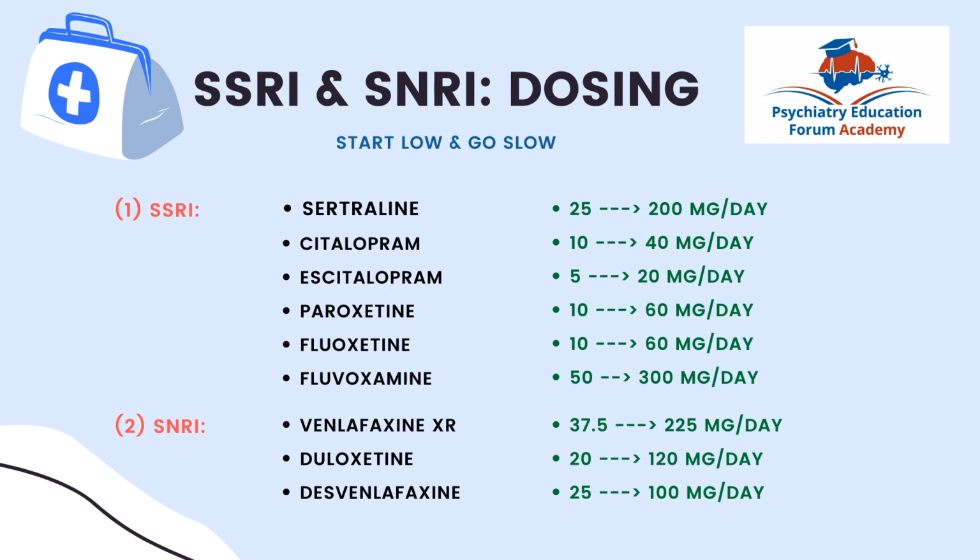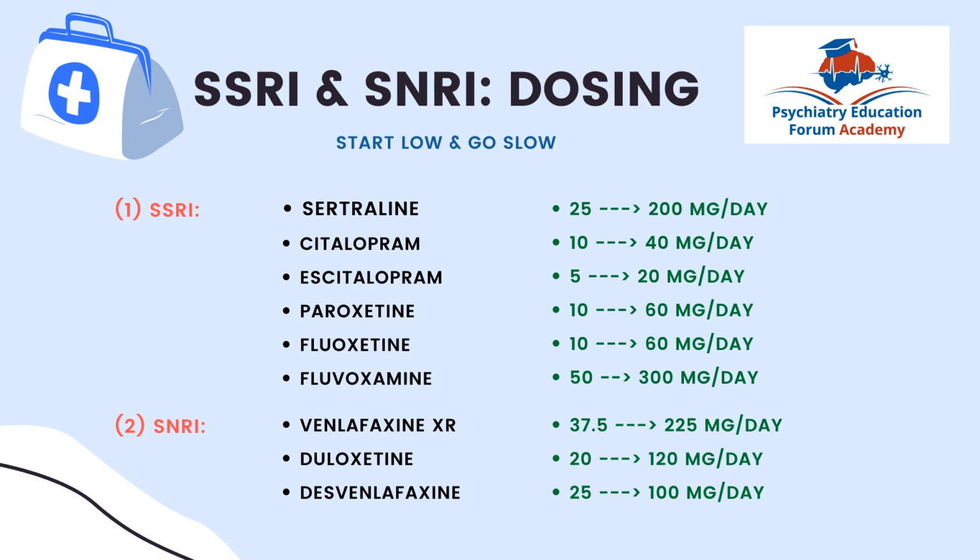This is very, very clinically relevant for anxiety disorder treatment. Never start the medication on the starting dose that we use for depression treatment. Always start low and go slow, maybe after a week or 10 days or so to increase the dose. And that will prevent any negative activation of physical symptoms with these medications.